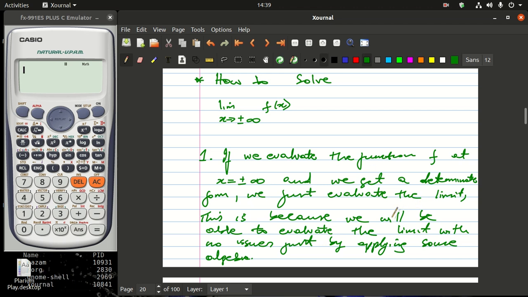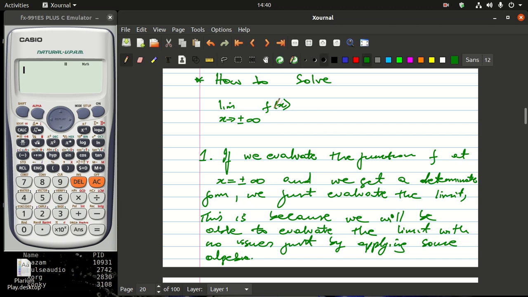Since we said that infinity is a concept, it's not actually a number, then we cannot say we're going to take infinity and plug it in a function. But because I want you to relate to what we're doing, whenever we have a value here, we first plug it in and see what we are getting. So I am using that philosophy: assume that we can grab this infinity, even though we cannot touch it, and plug it in there.